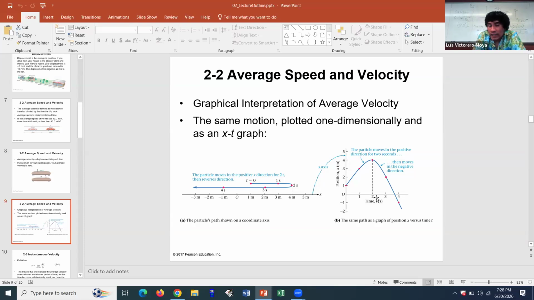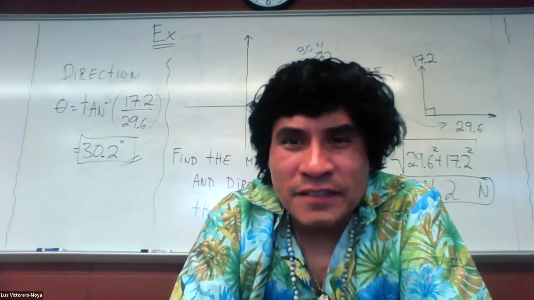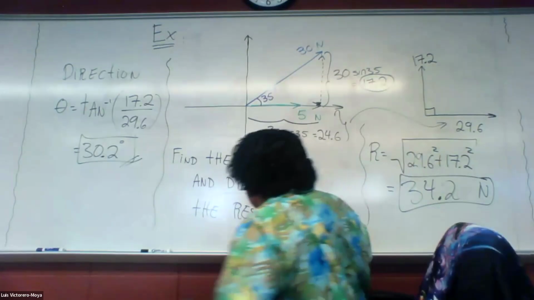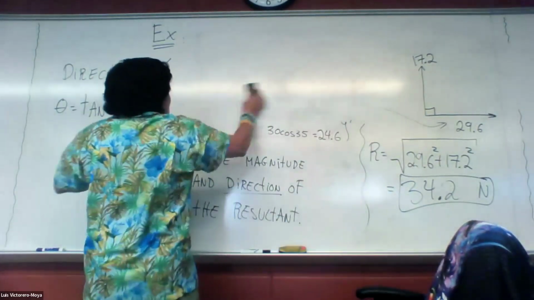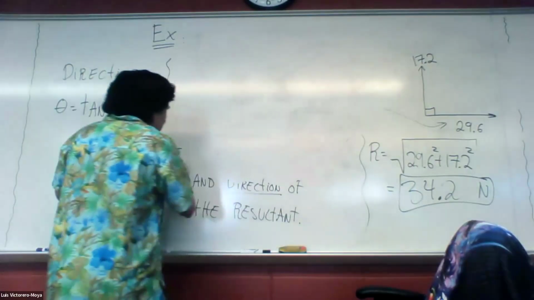So I could say that the velocity in the first 2 seconds was positive, and the velocity in the last 2 seconds was negative. You know how I know that? Let's see if you guys remember this. So when you have a curve, right?